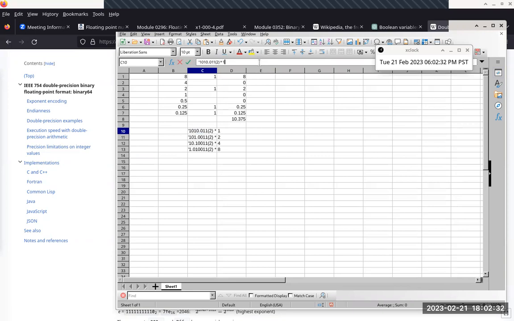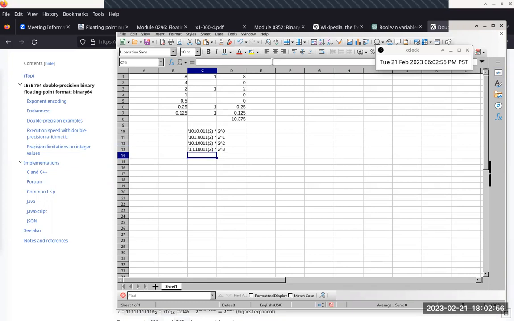But the other way to say 1 is 2 to the power of 0. Is that okay? And then the other way to look at 2 is 2 to the power of 1. And then the other way to look at 4 is it is 2 to the power of 2. And the other way to look at 8 is 2 to the power of 3.